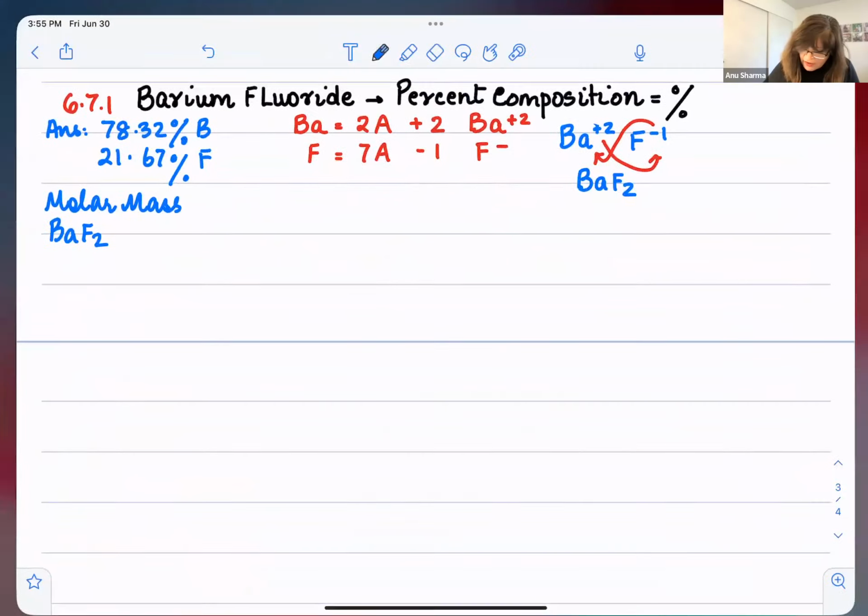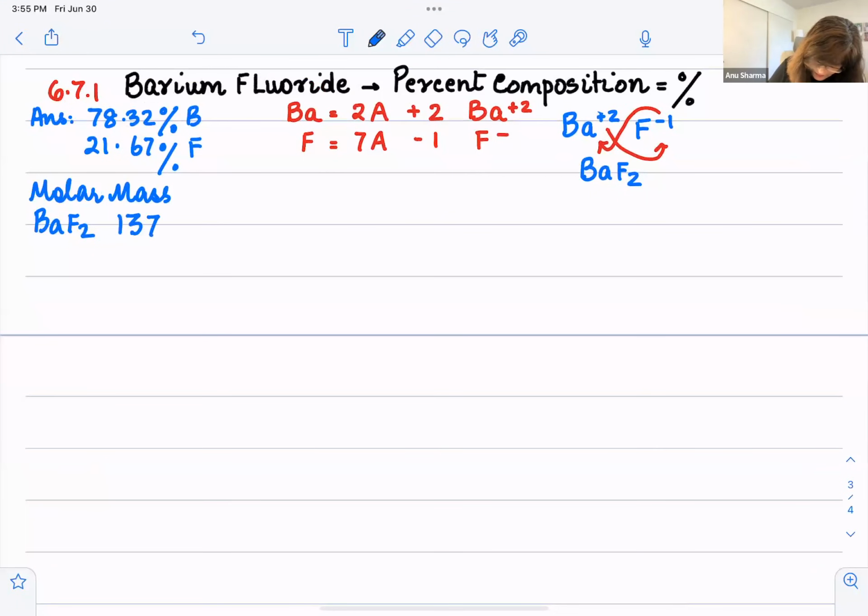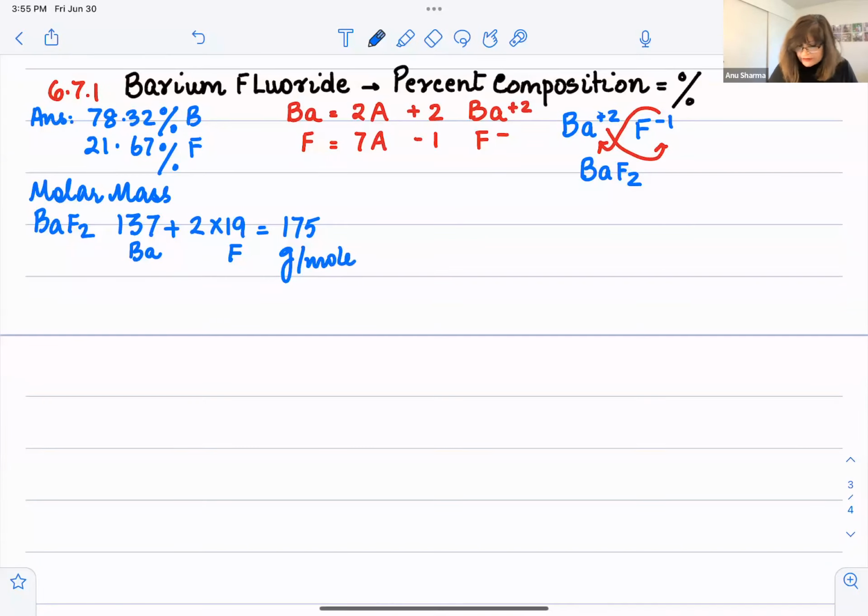So 137 plus 2 times 19, where 137 is coming from barium and 19 is coming from fluorine. 2 times 19 is 38, and 38 plus 137 gives you 175. 175 grams per mole is the molar mass for barium fluoride.